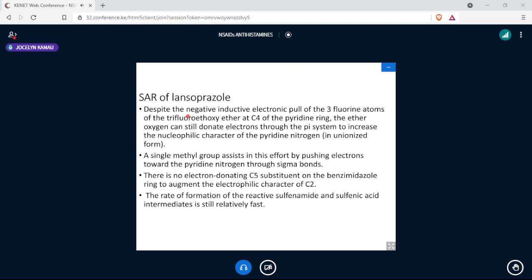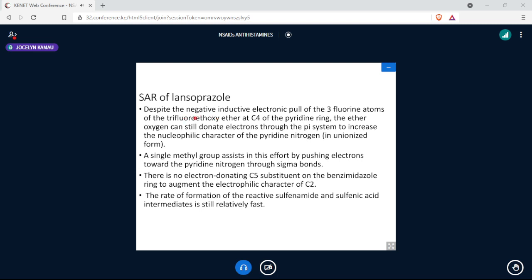If you look at lansoprazole, again, I hope you have the structure somewhere near. You will see it has a trifluoroethoxy ether, and if you look at the trifluoro, it is CF3. That is electron withdrawing. But you see, this ethoxy group gives us some distance between the trifluoro group and the pyridyl ring.